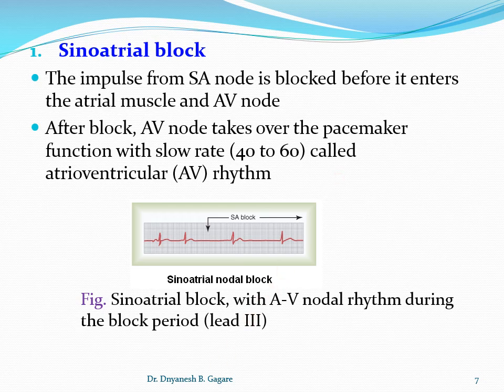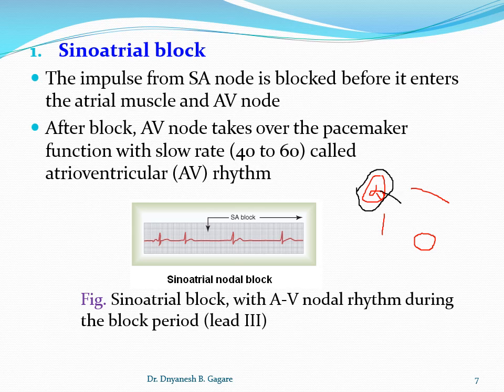For example, you can see in this diagram, suppose this is the SA node and this is the rest of the part, that is the AV node, and this is the atrial muscle. So the impulse is produced in the SA node, but it is blocked, which means it cannot transmit to the other part.